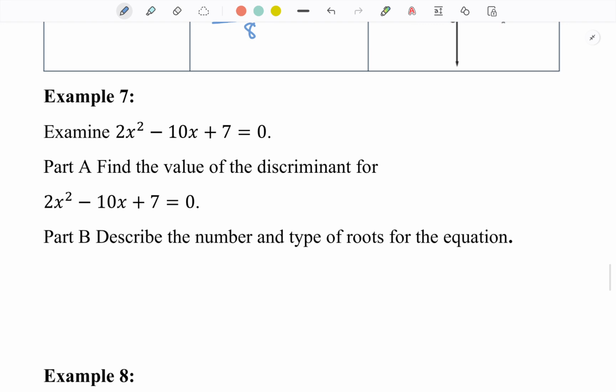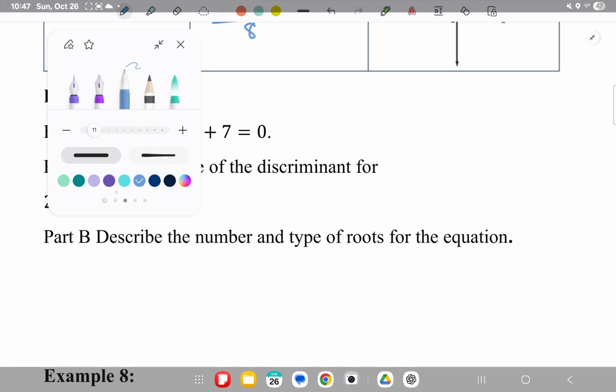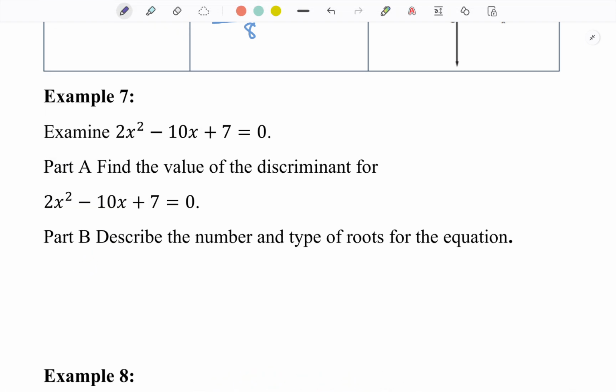So for example 7 here, we are going to first of all find the discriminant for the equation, and then we're going to describe the number and type of roots for the equation. So we are going to still identify A, B, and C, but then we are only going to take care of the b squared minus 4ac. So we're going to look at negative 10 squared minus 4 times 2 times 7.